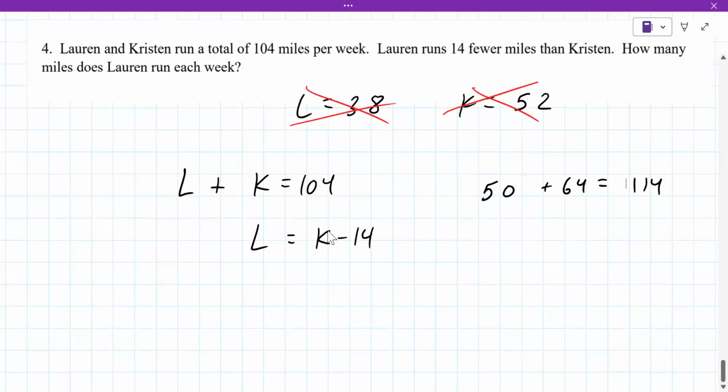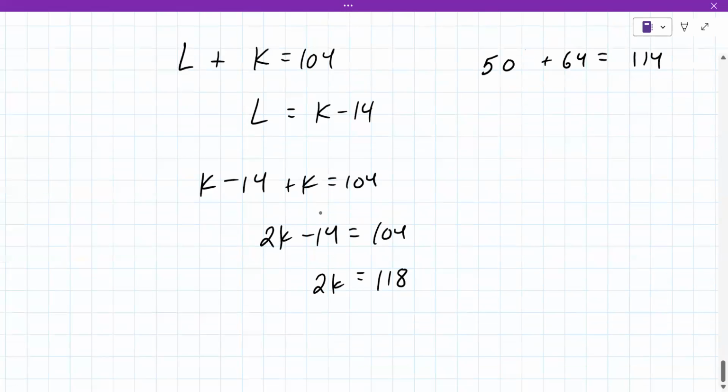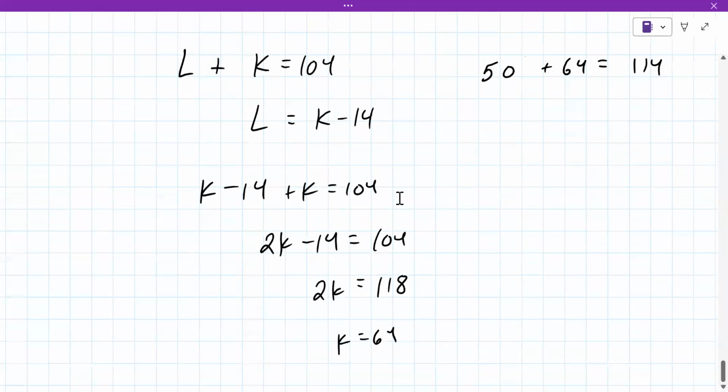So if we set up the system this way, it's K minus 14 plus K equals 104. So that's 2K minus 14 equals 104. 2K equals 118. So K does equal 59. But we want Lauren. Lauren is K minus 14. Lauren is 50? That's not right.